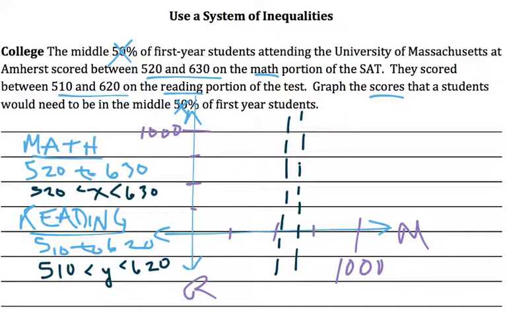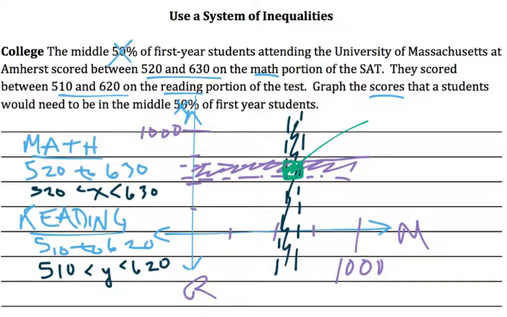And so we have a region bound here. But then we have 510 to 620. And we have another region bound here. But what we're really interested in is this overlap.